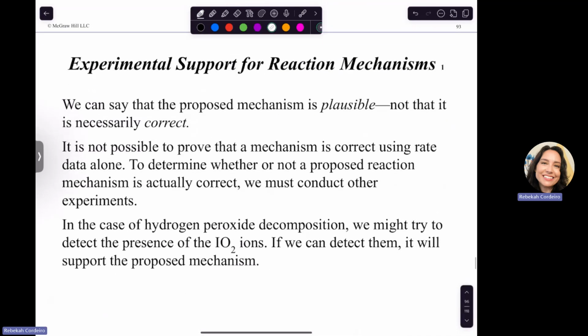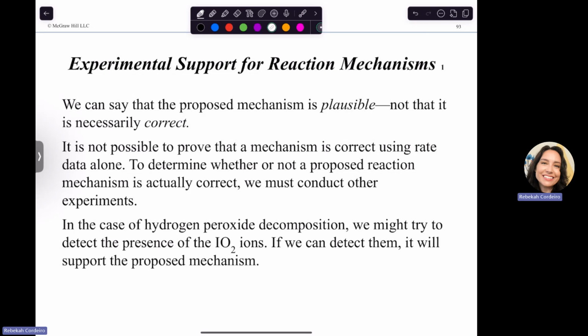So how can we know if a reaction mechanism is correct? So we'll always say, oh, we'll propose this mechanism. This mechanism is plausible. This mechanism could be the one that shows us what's going on in this reaction. We cannot just use rate data to determine if the mechanism is true.